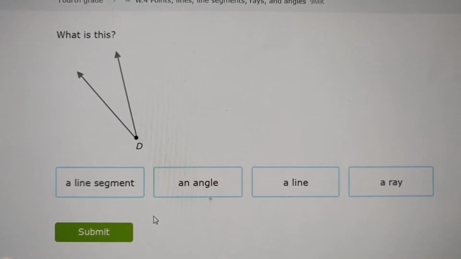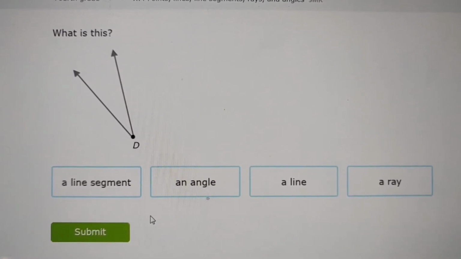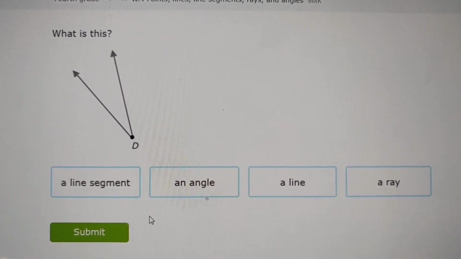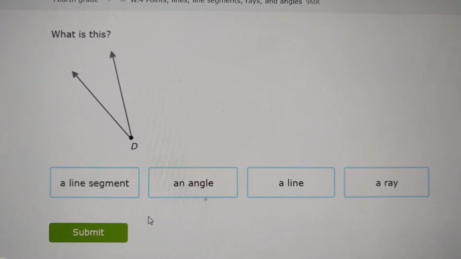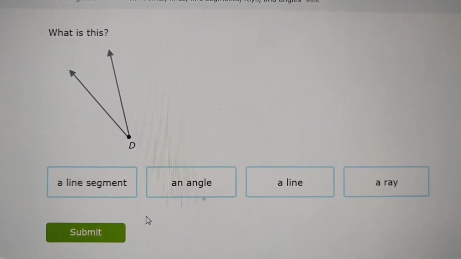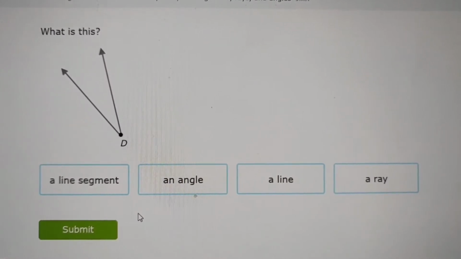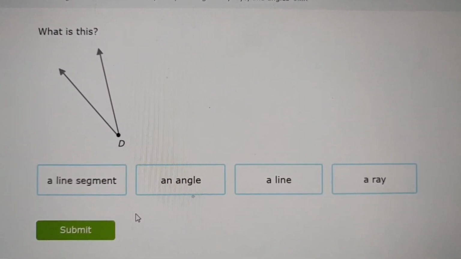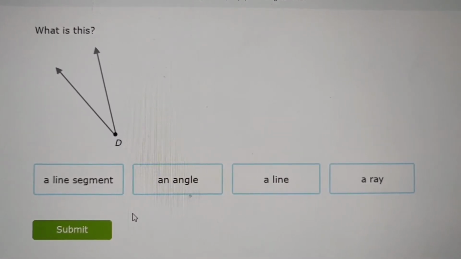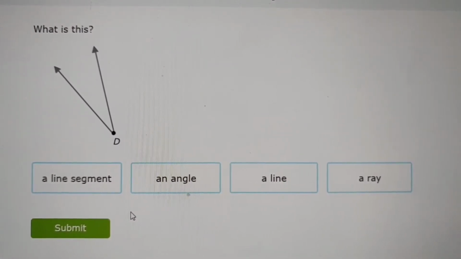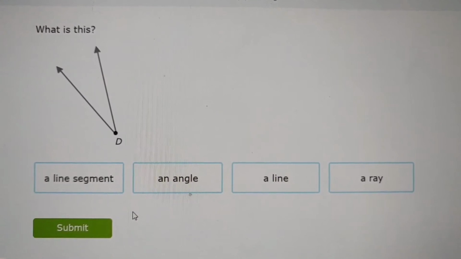It says, what is this? And I see point D, and I see 2 rays coming from point D. So pause the video and choose whether this is a line segment, an angle, a line, or a ray. Go ahead and pause it and decide.